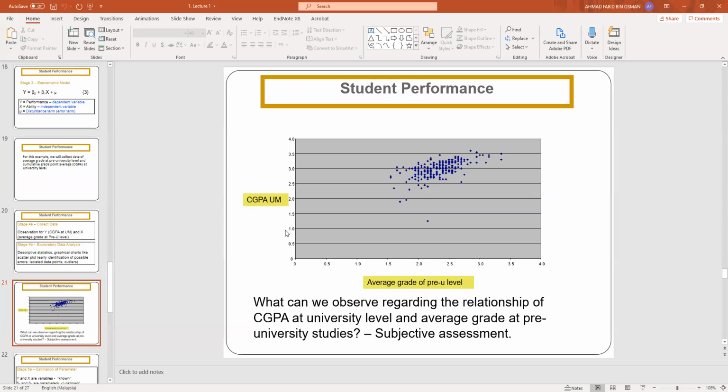The straight line will give you the intercept, the value of y where the line intercepts the y axis, and the line also gives us the slope, which represents the estimate of beta 1.